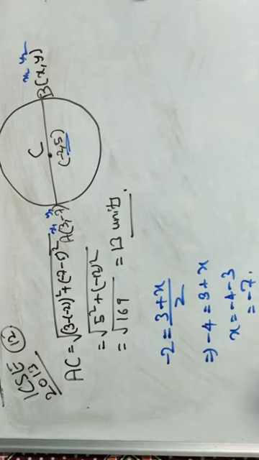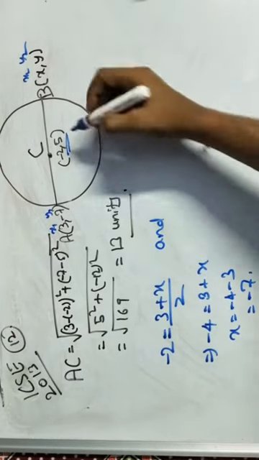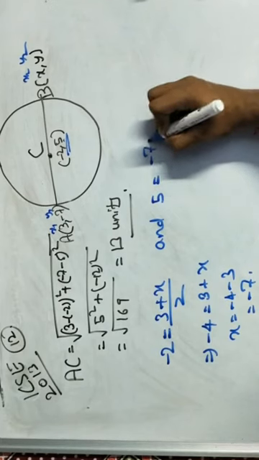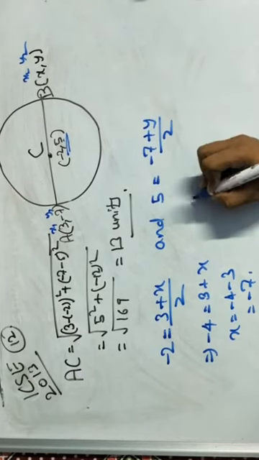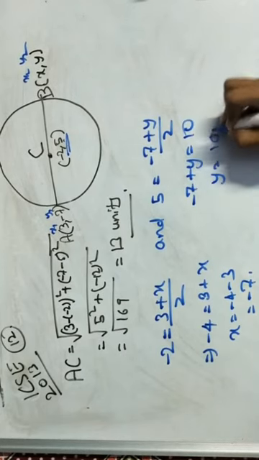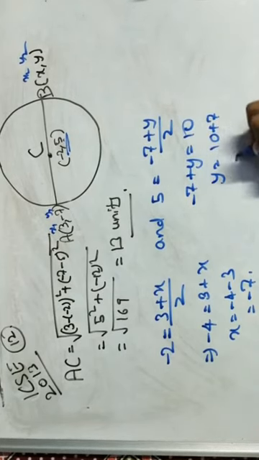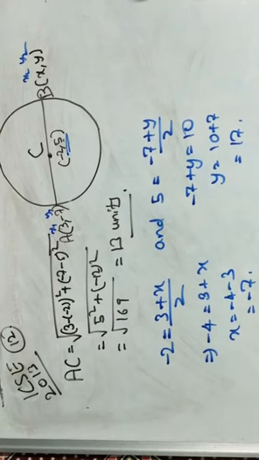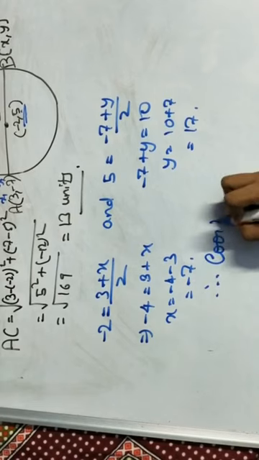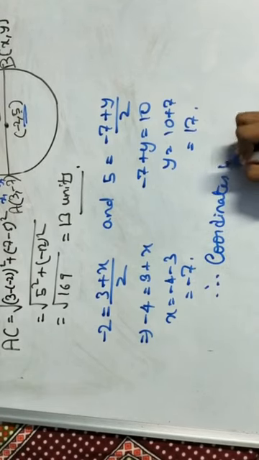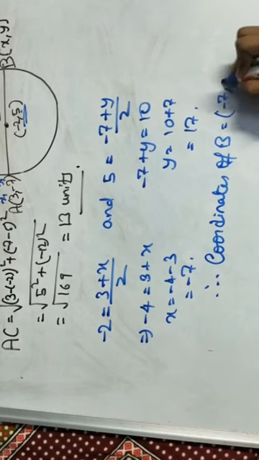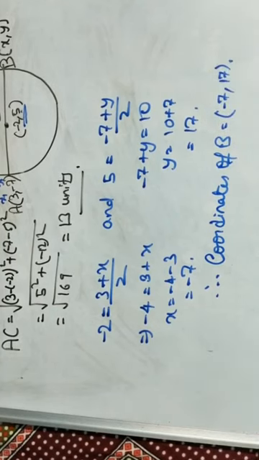This is minus 7. And 5 equals minus 7 plus y by 2. Minus 7 plus y equals 10, and y equals 10 plus 7, that is 17. So therefore, the coordinates of B equal minus 7 comma 17. This is your answer.